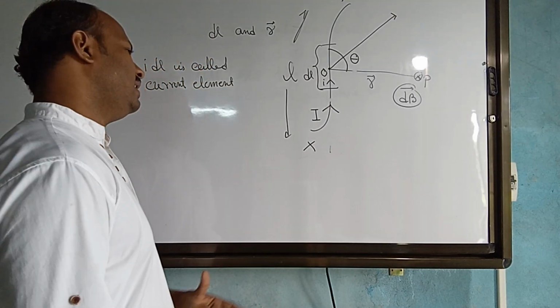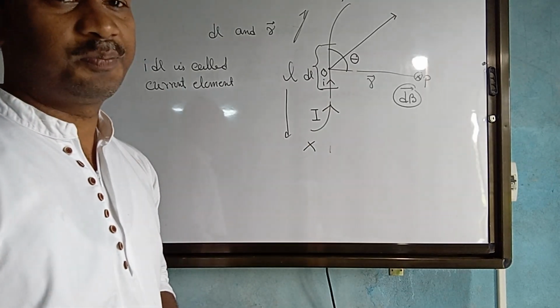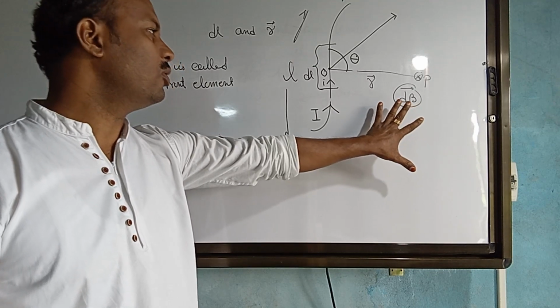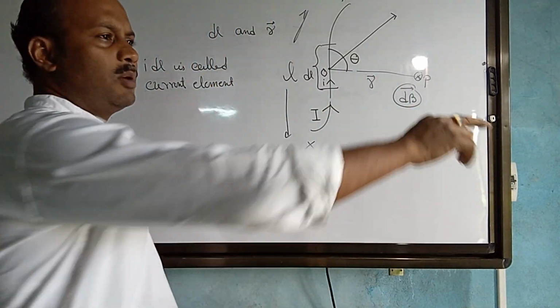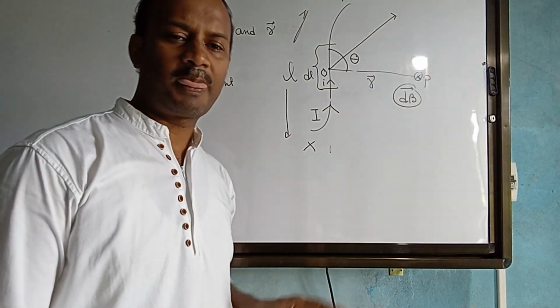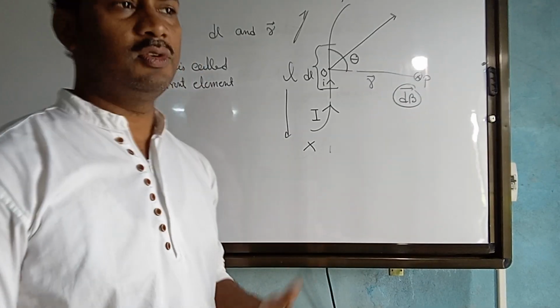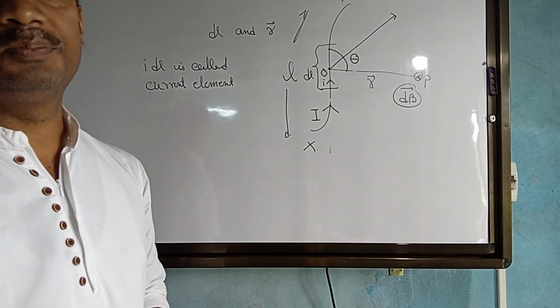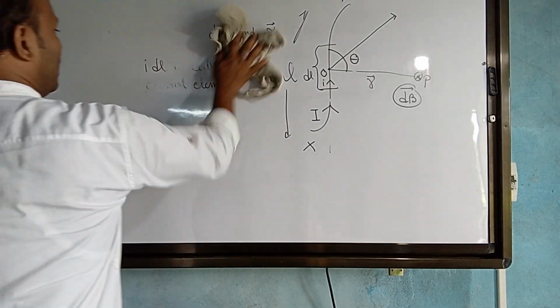And dB is inversely proportional to the square of the distance. So ये जो dB है ना वो तीन फैक्टर पर बेस करता है. Number one, this angle; number two, the current element; and number three, the square of the distance, which is inversely proportional. Okay, now come to the main point.